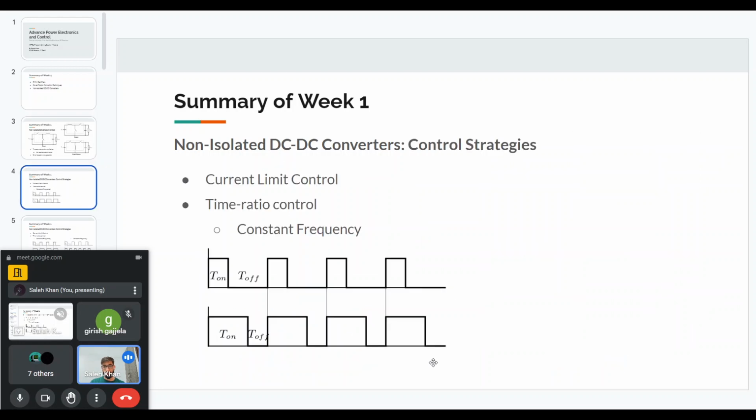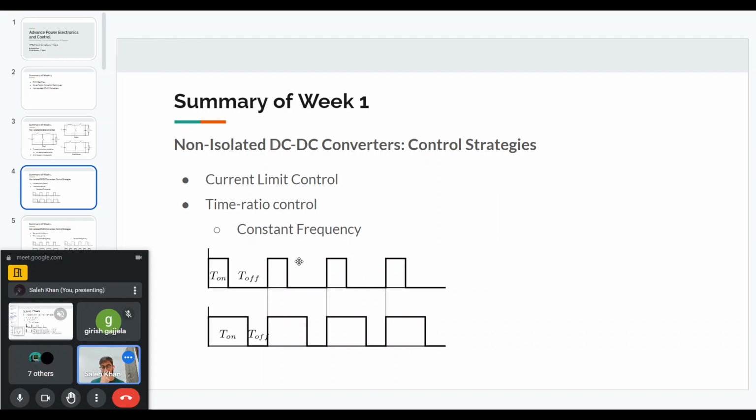So there are different control strategies on how we get the desired voltage from these converters. The first one is current limit control, which I will talk about later in the problem solving. Right now I will just talk about the time ratio control. The first type of time ratio control is constant frequency control.